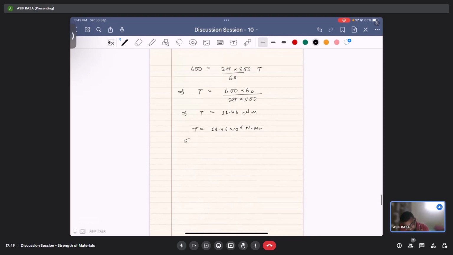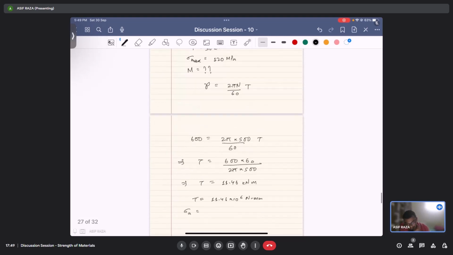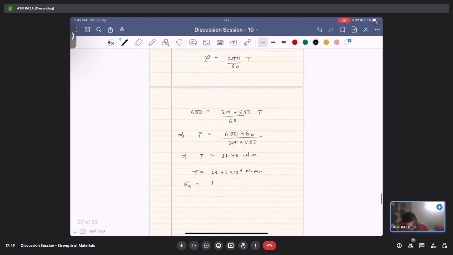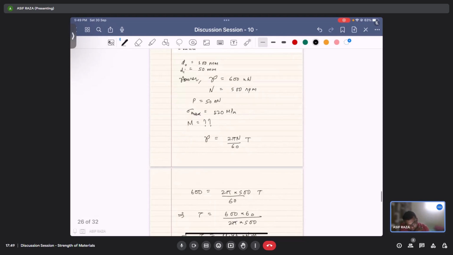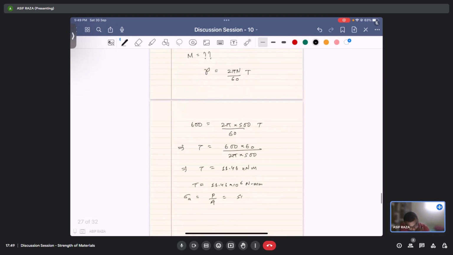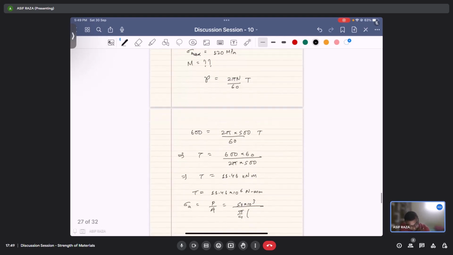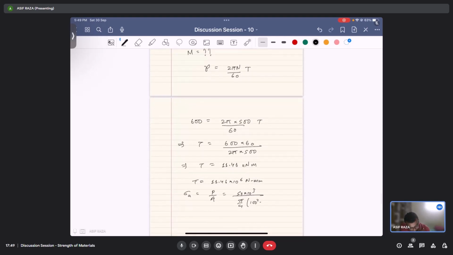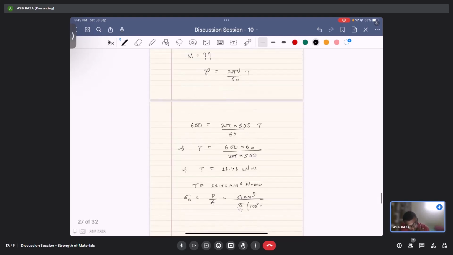So direct stress, axial stress, would be equal to P by A, that is 50 into 10 power 3 divided by pi by 4 into (D naught square minus D i square), 100 square minus 50 square.